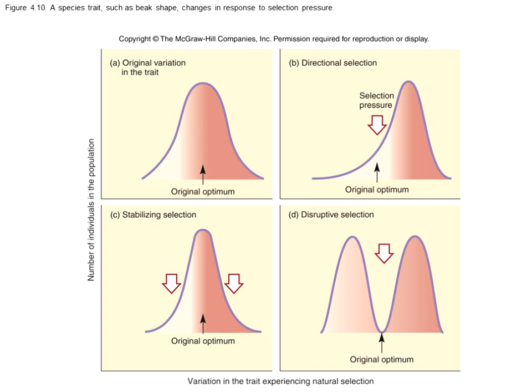So a species trait, such as beak shape, changes in response to selection pressure. The original variation is acted on by selection pressure, shown in the arrows here, that shifts the characteristics of that trait in one direction, or to an intermediate condition.